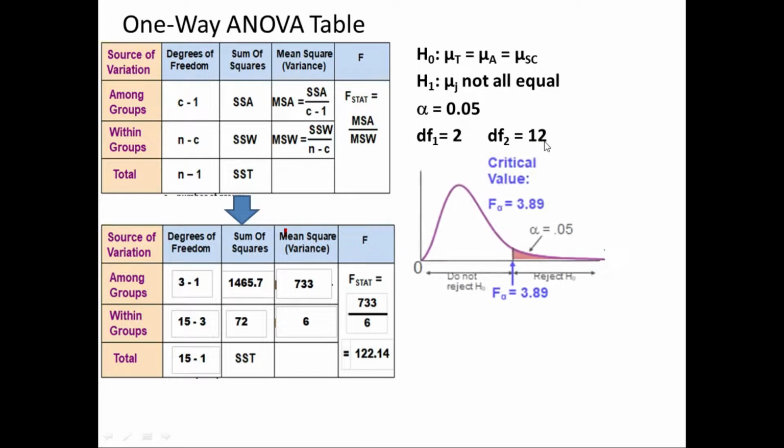Next, we have to refer to the F distribution. This is how the curve looks like. We have to get the critical value for F. So let's see how to get the critical value. We will use the F distribution table.